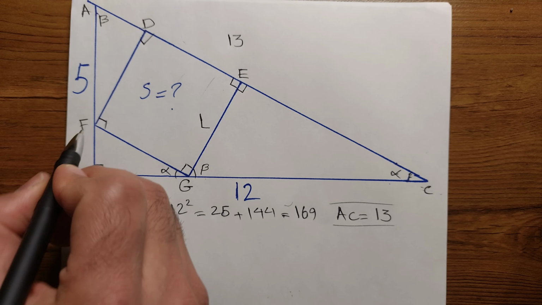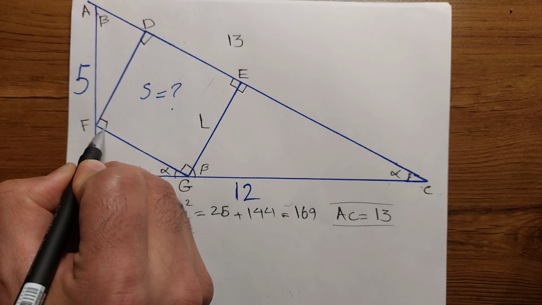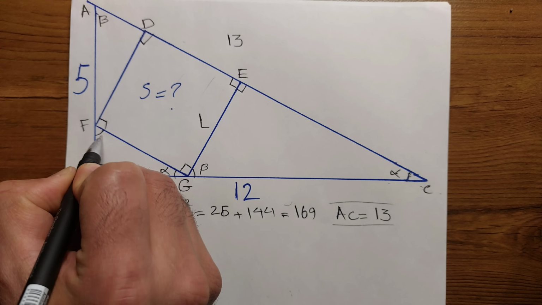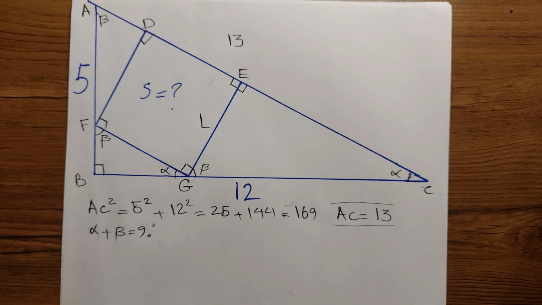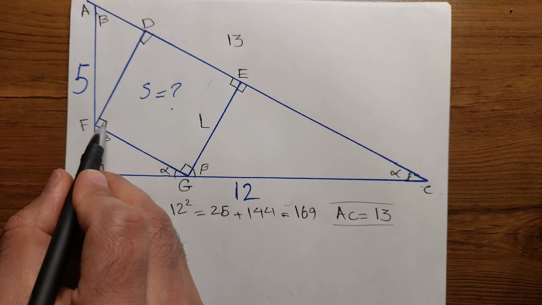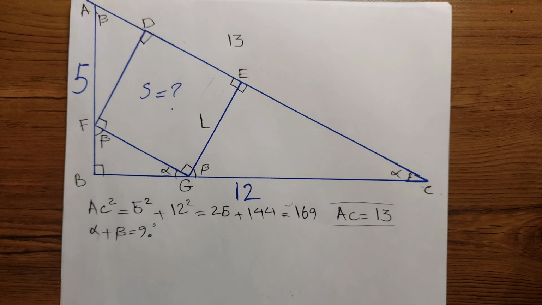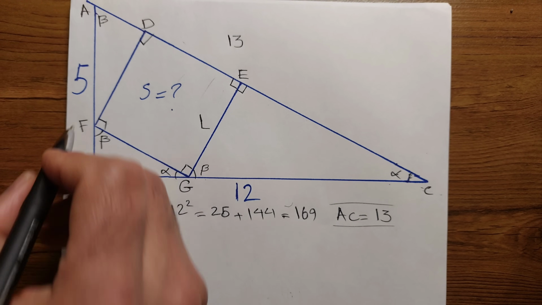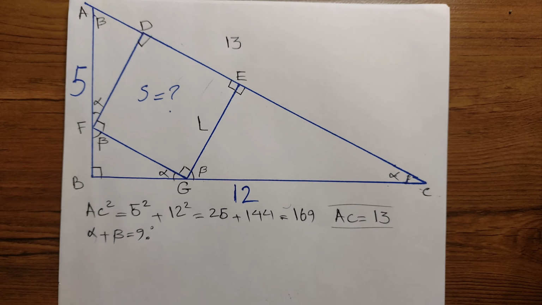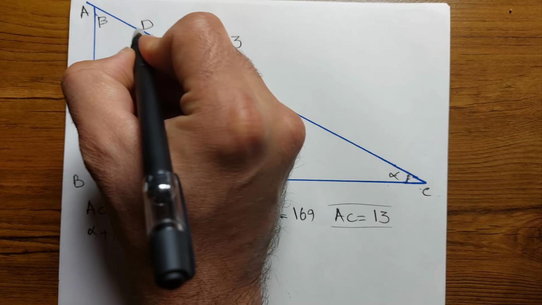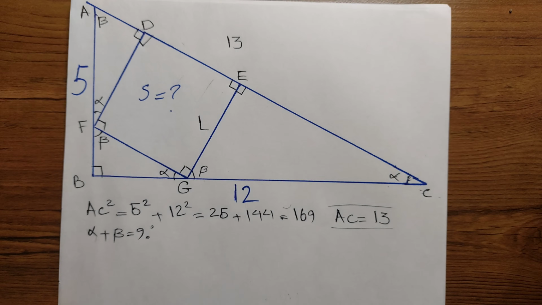If this is alpha, then alpha plus something is 90 degrees, so this one is beta as well. If this is beta and this is 90 degrees, then this one must also be alpha, because alpha plus beta is 90 degrees, and we know that this is also a right angle.